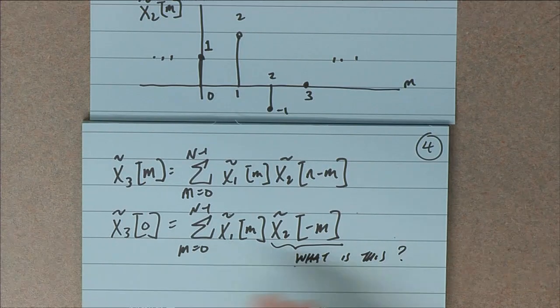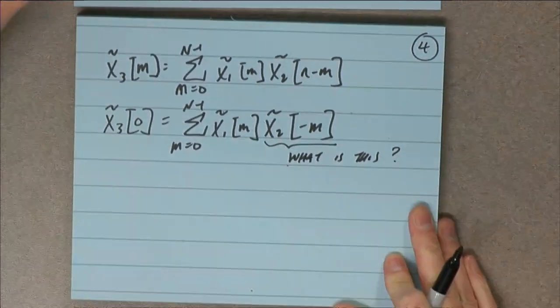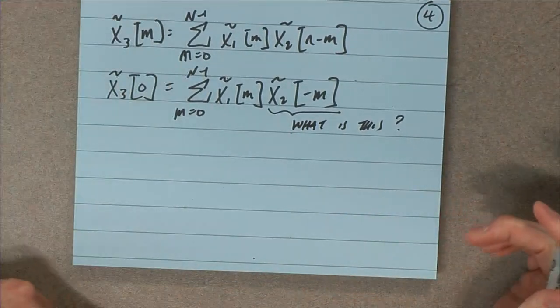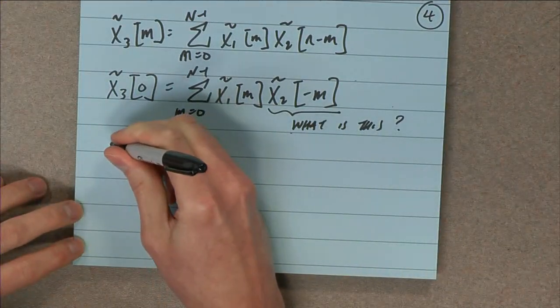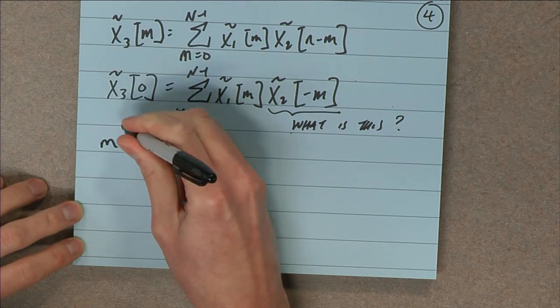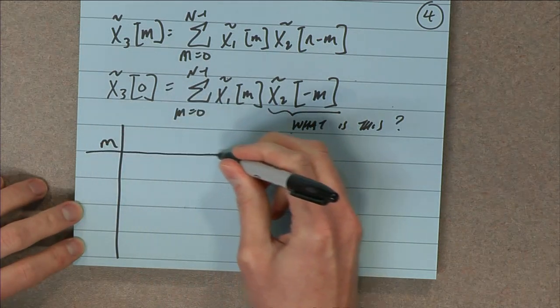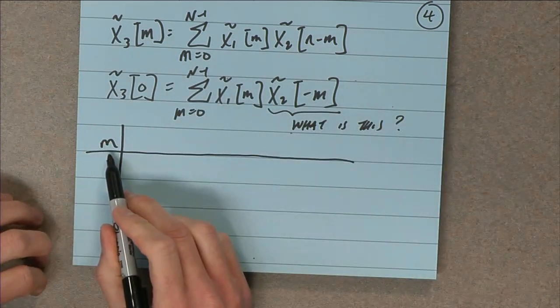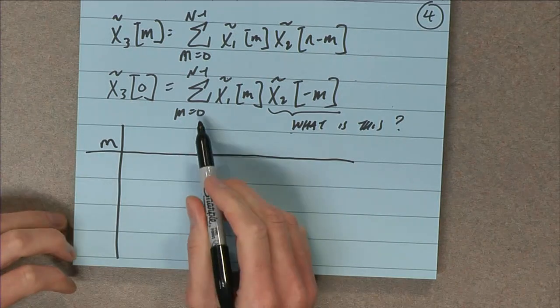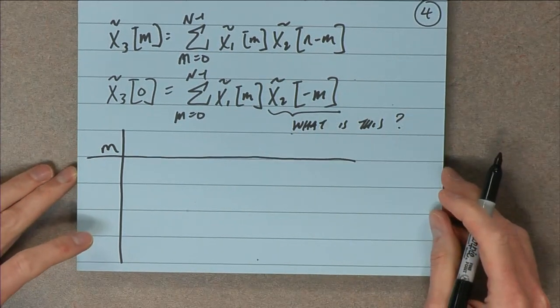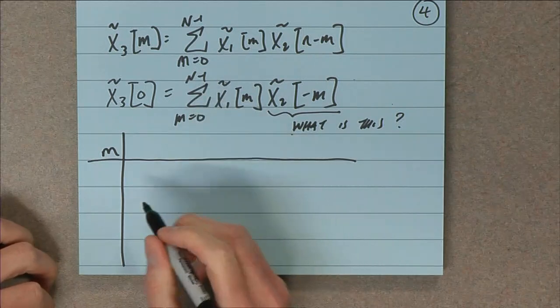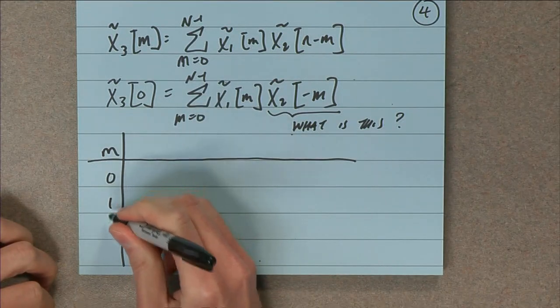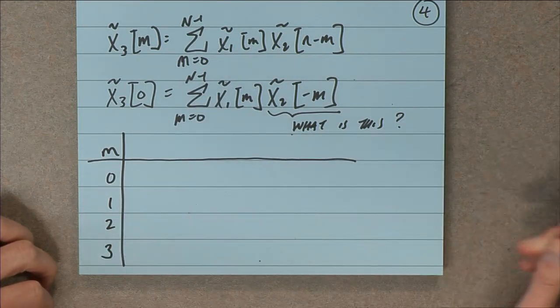And so what I like to do when I'm trying to explain this, or first get comfortable with these ideas, is make a little table to keep track of things. Now, m is our index, and we're summing over that. And our entire world lives between m equals 0 and n minus 1. So that's step 1.